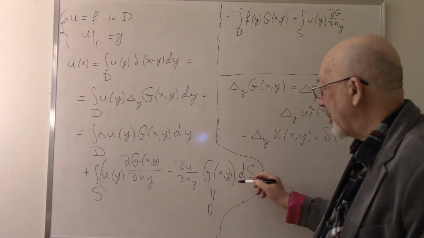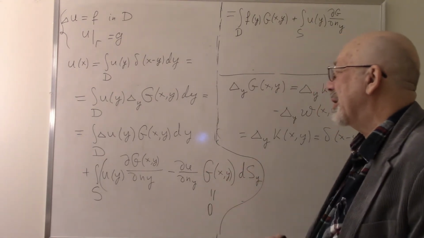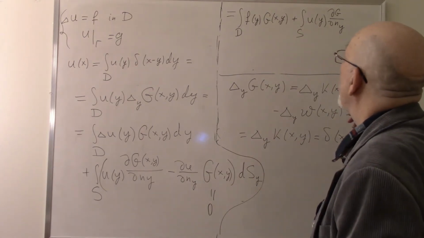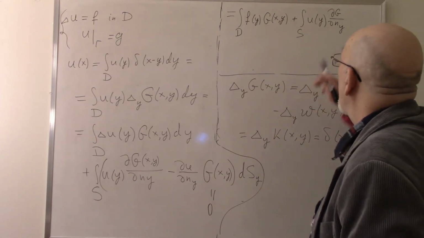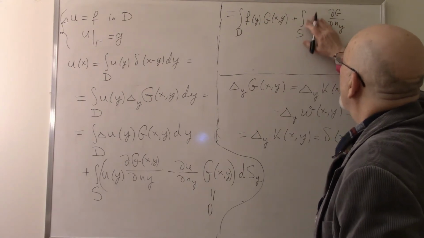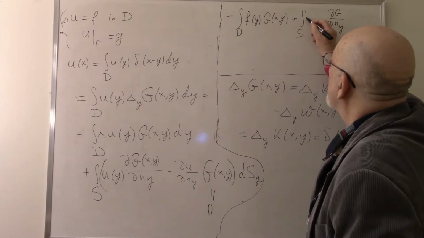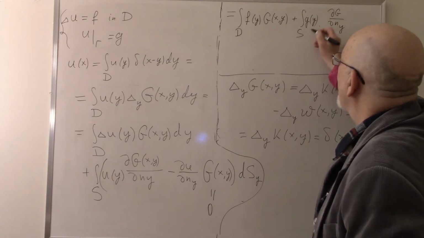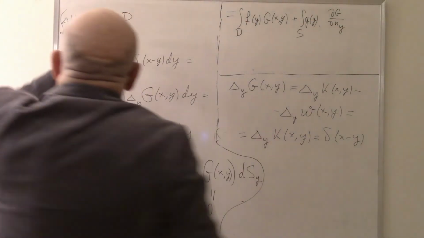Yes, we are on the boundary. So this term is 0. I don't write it. u of y on the boundary, I'm sorry, it is g small of y.